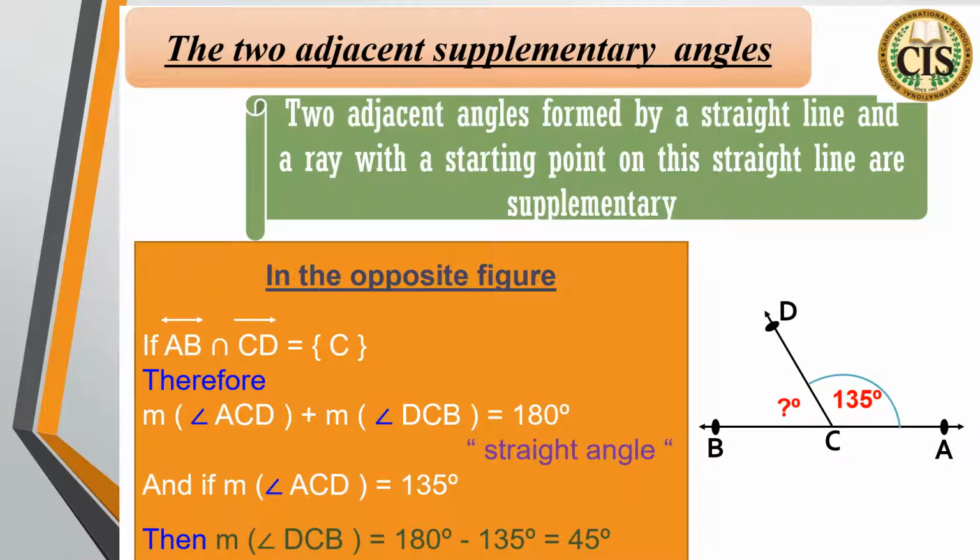And if measure angle ACD equals 135, then measure angle DCB equals 180 degrees minus 135 degrees equals 45 degrees.